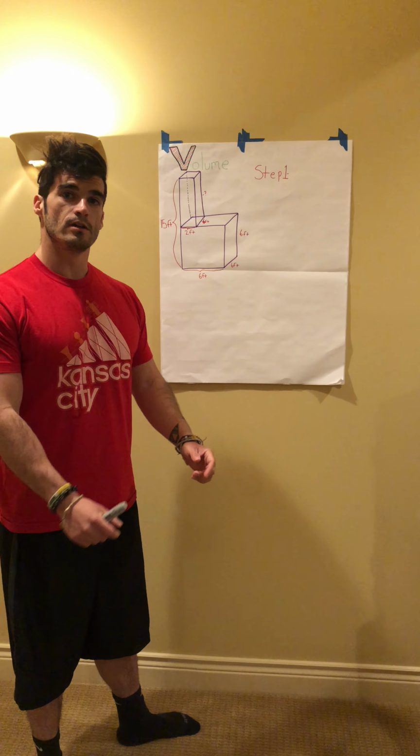Step 2, which brings me to that, is finding the mystery measurements. You won't always have to do this, but sometimes you will, and you have to use your understanding of parallel lines and the shape and what's given to you to solve these. The only side that we're missing is the height of this rectangular prism.